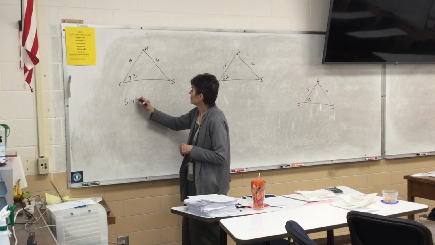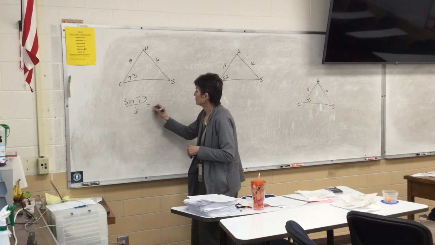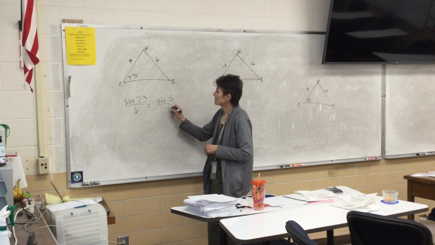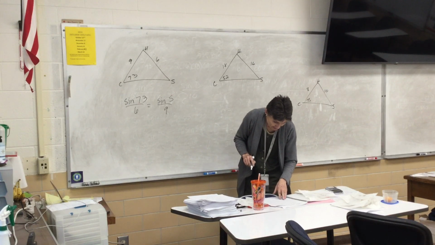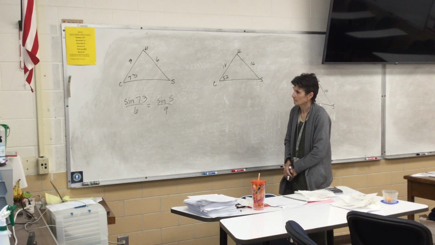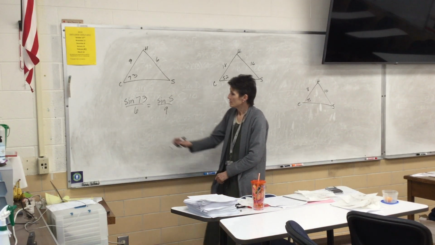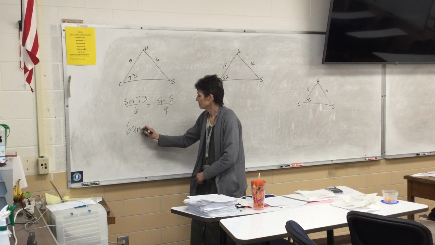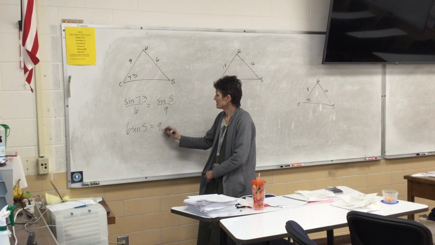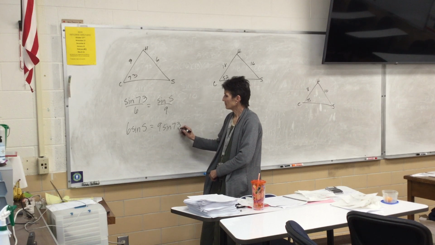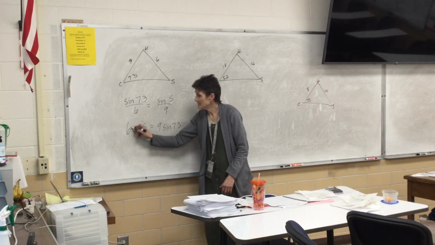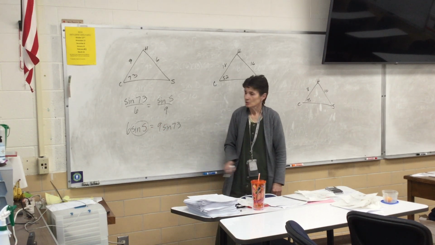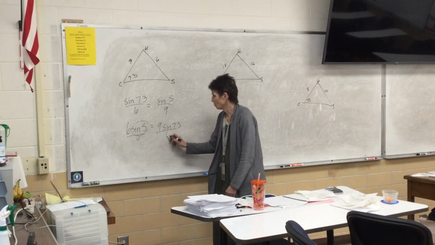So sine 73 over 6 equals sine S over 9. Is that a 9? Yeah. So 6 sine S equals 9 sine 73. And again, this is my variable, so I must divide by 6 only.